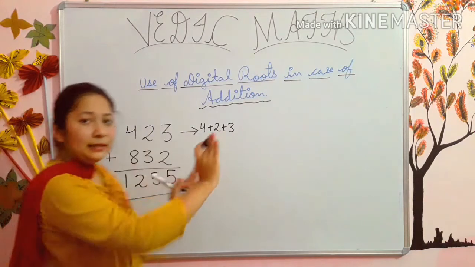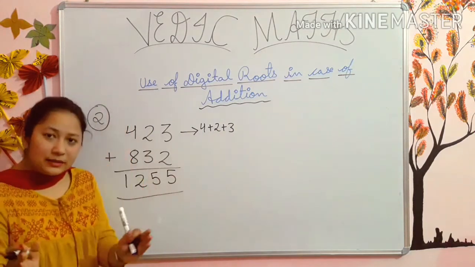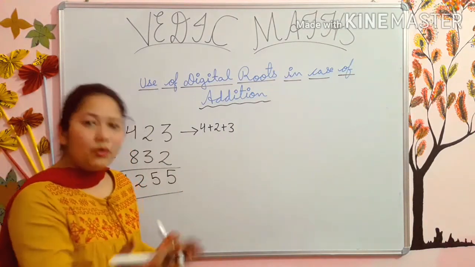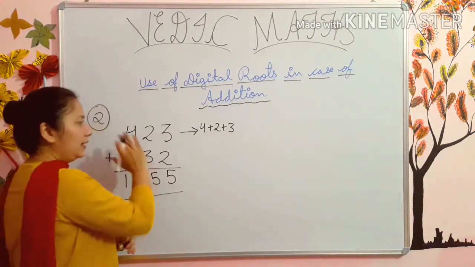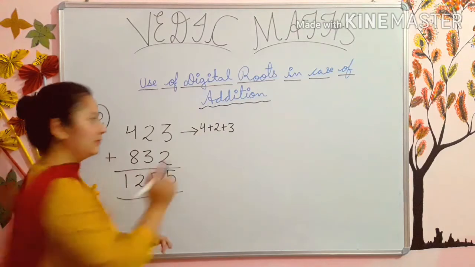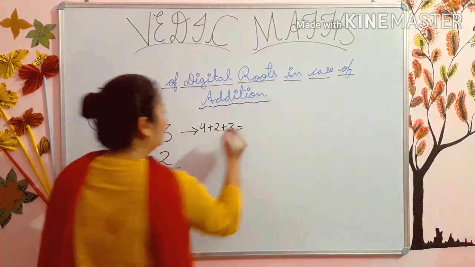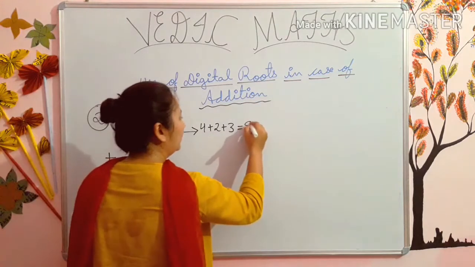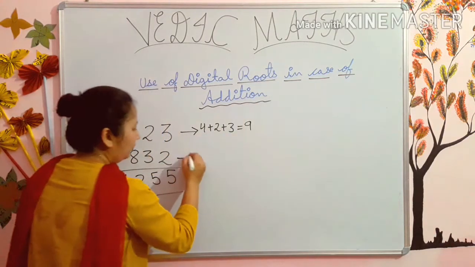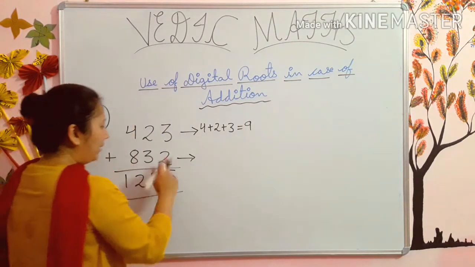I am explaining this so that the students who have not seen my previous video, or this time are a little bit confused, can see it very clearly. Now 4 plus 2 plus 3. How much? It's 9.